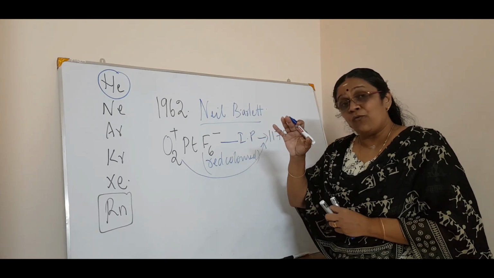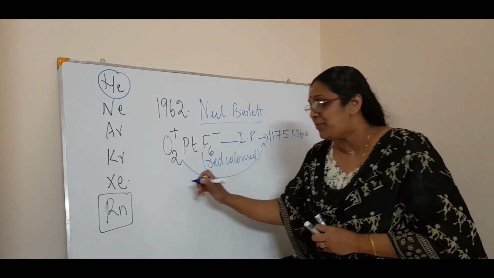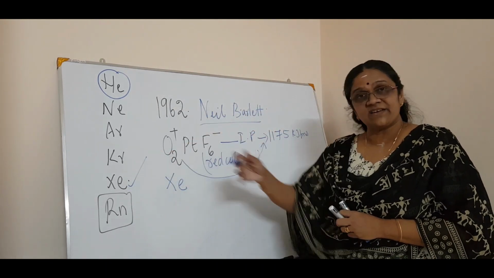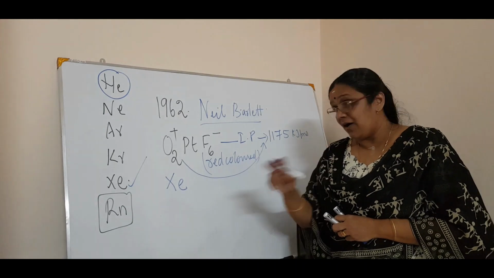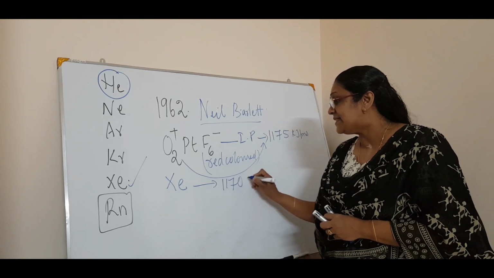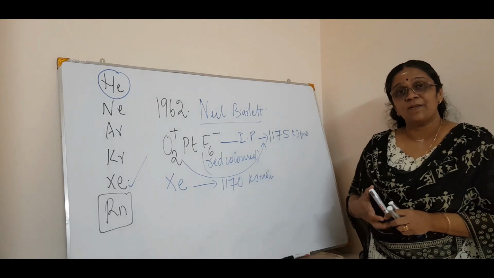And what was interesting is that he found the ionization potential of xenon. This is a noble gas, right? He found the IP of xenon to be almost the same, 1170 kilojoule per mole. What a coincidence.